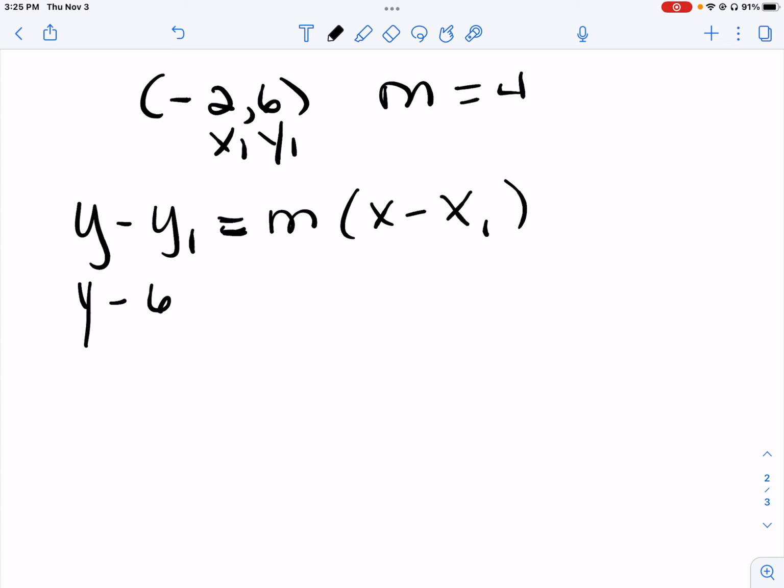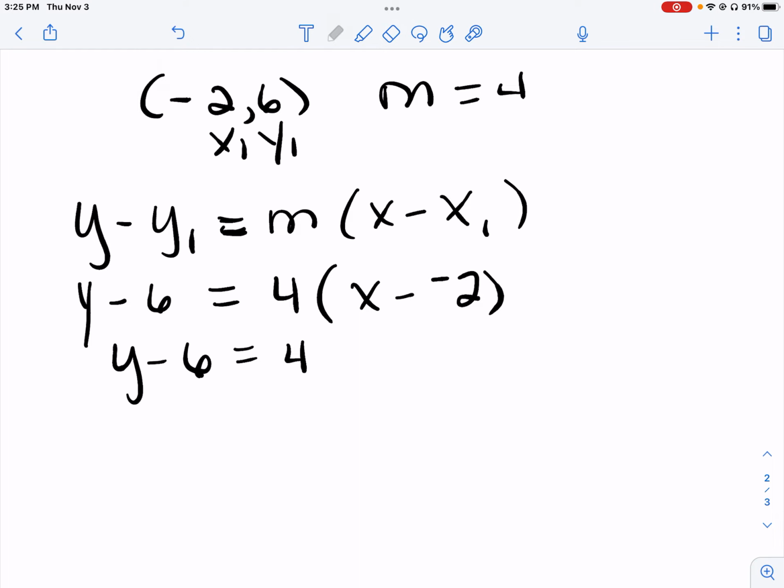Y minus 6 equals m, which is 4, times x minus x1, which is -2. Minus a negative turns into plus.